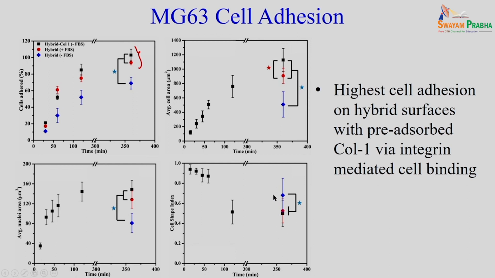And if you look at the cell shape index or cell circularity, that was the least on the hybrid surface pre-adsorbed with collagen. So, it says that if you have pre-adsorbed protein, particularly an adhesive protein, it carries cell adhesive molecules, and here this integrin-mediated cell binding is improving the cell adhesion behavior.